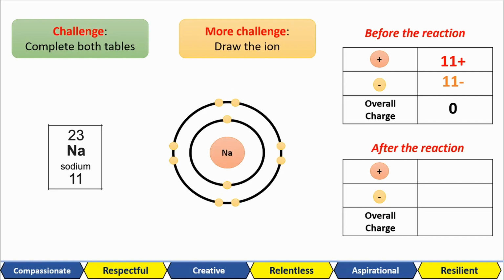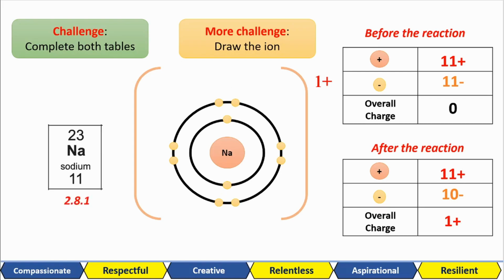Now we have 11 protons, 10 electrons, and so an overall charge of +1. This means that we've formed a cation which can attract negatively charged particles. Since we have changed the number of electrons, we have also changed the electronic configuration. It was 2,8,1 before, but we got rid of that outer electron, so now it's 2,8.